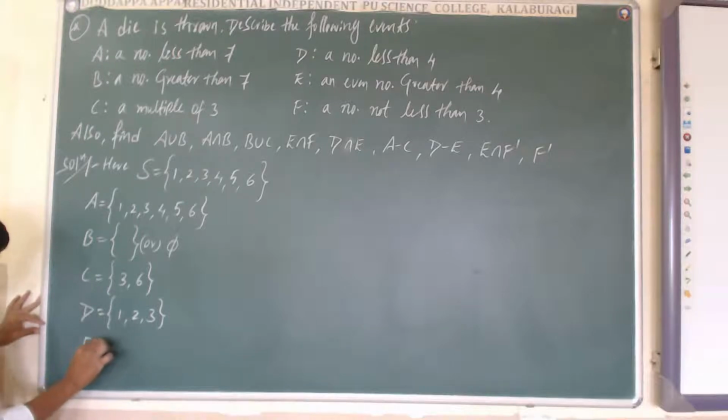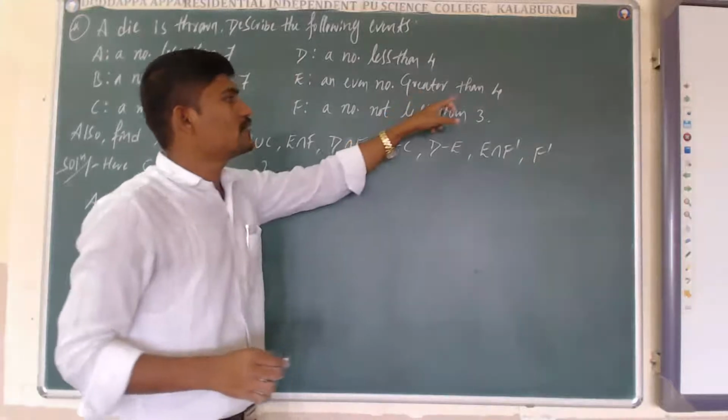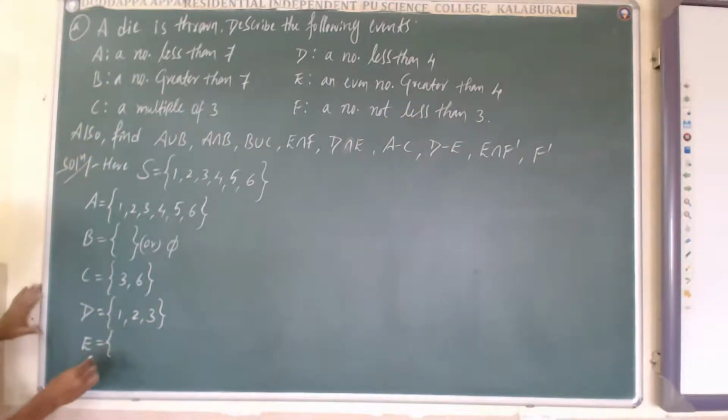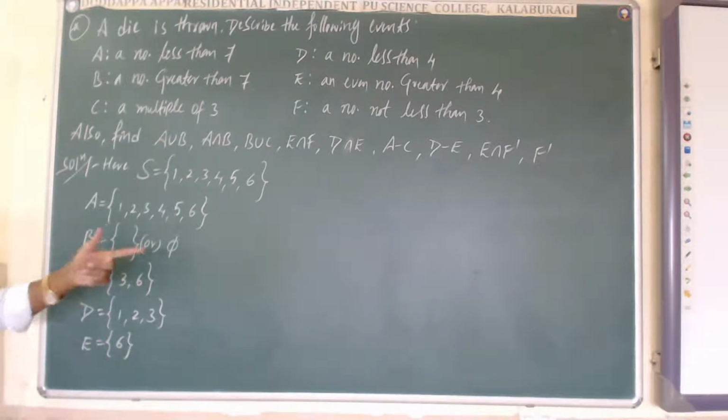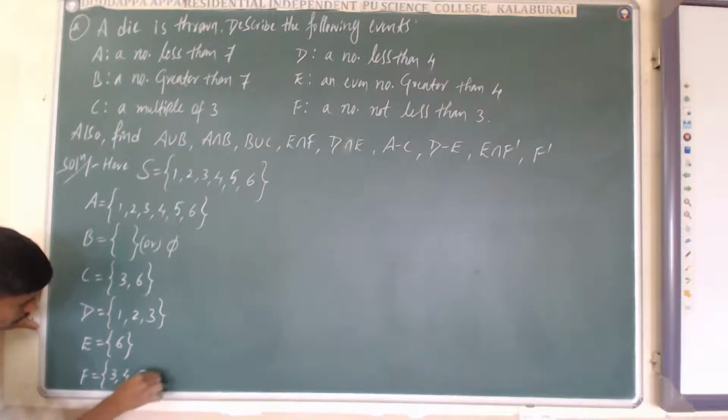Next, E. An even number greater than 4. Nothing but only one element, that is 6. A number not less than 3 is there. F. A number not less than 3 is given. So that's why I write here 3, 4, 5, 6.